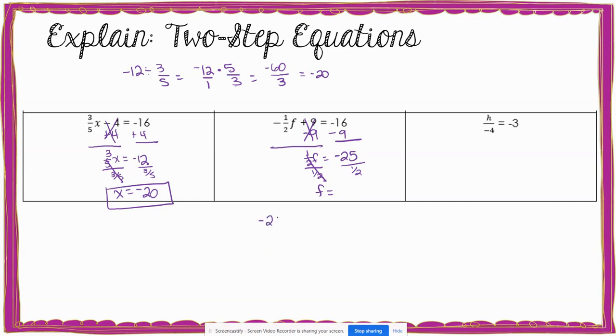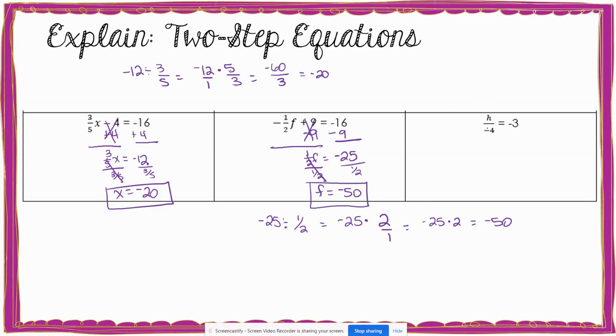If I did negative 25 divided by negative 1/2, that's the same as saying negative 25 times the reciprocal of negative 1/2, which is negative 2 over 1. Well, 2 over 1 is the same as just 2. So this is like saying negative 25 times 2, which is negative 50. So f equals negative 50.